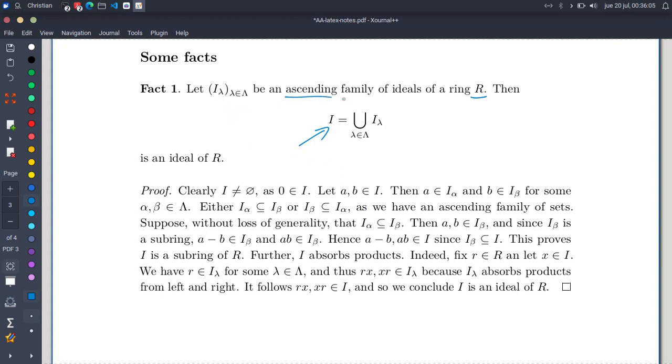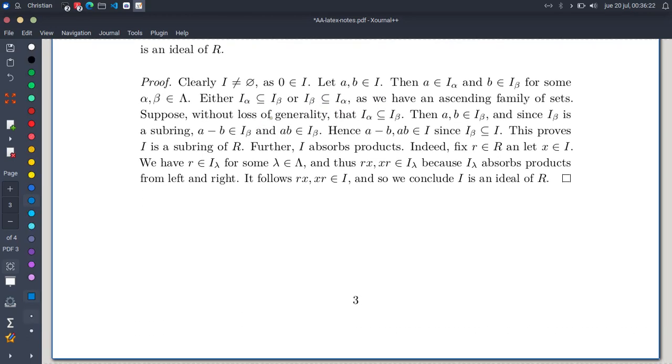Because we have an ascending family of ideals, it follows that either I alpha is contained in I beta or I beta is contained in I alpha. So let us suppose, without loss of generality, that we have this inclusion. The other case is entirely similar. So, because A is in I alpha and B is in I beta, and this inclusion holds, we have that both A and B are in I beta.